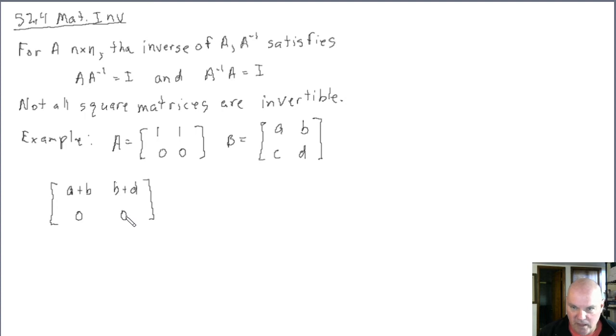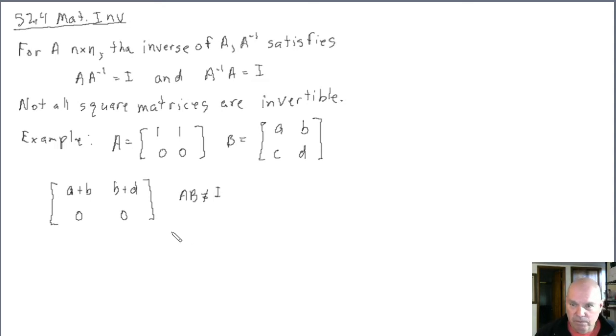There's no way that 0 is equal to 1. So AB cannot equal I. So there is no B matrix that is the inverse of A. So the inverse of A does not exist in this case, or we would say that A is not invertible.